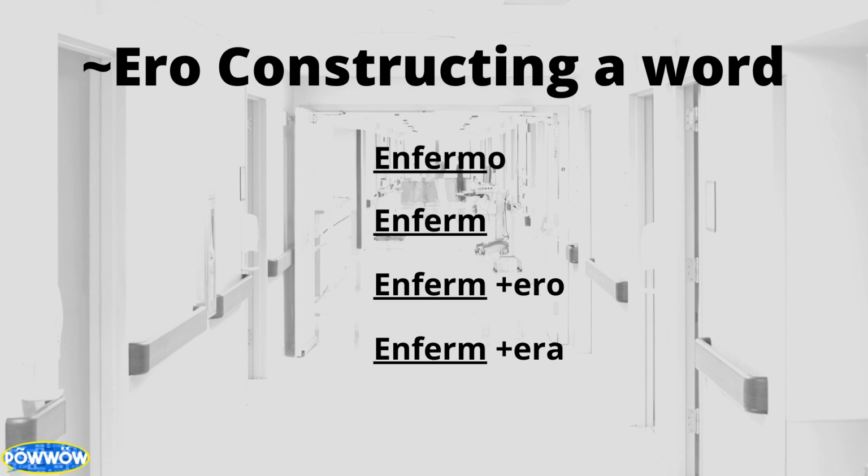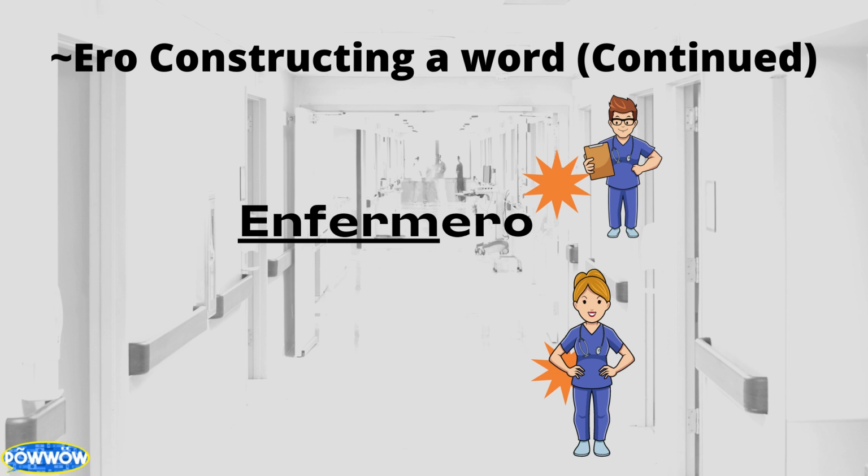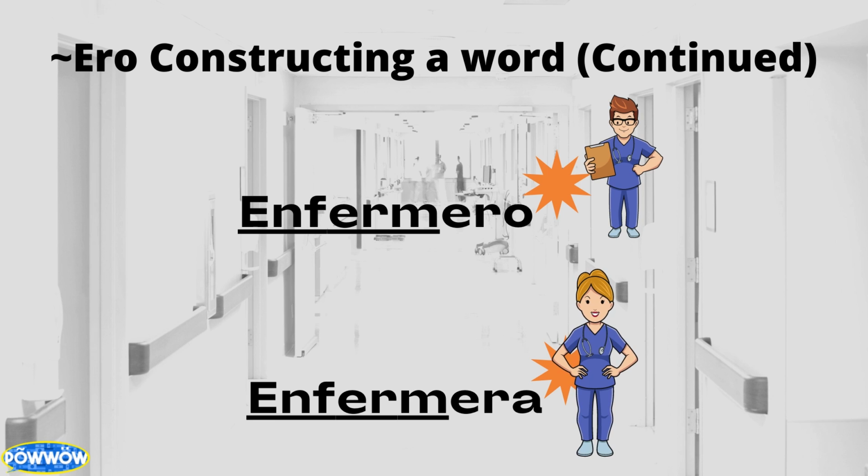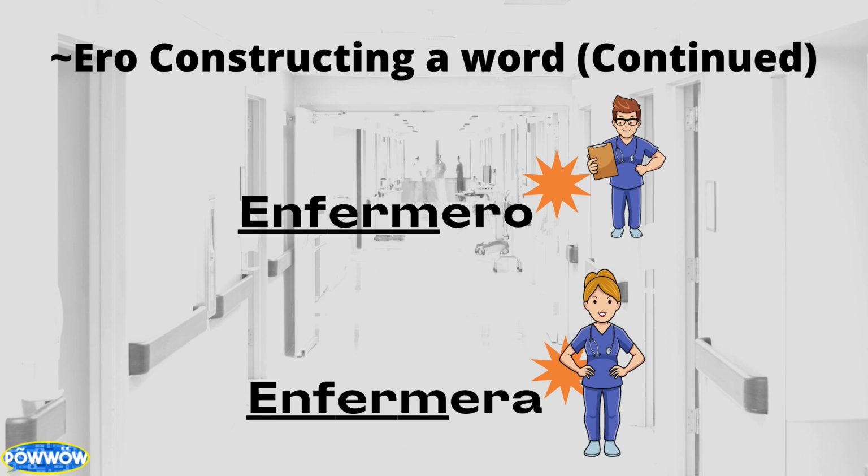Enfermera. So here again, we have enfermo, which means sick, but we chop off the o and we have enferm. Then we have the ero, we attach that to enferm, and you have enfermero. And then you have enfermera. Now, this will create the new word, which means nurse.